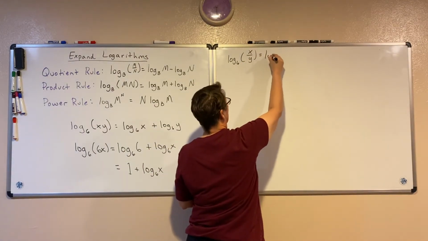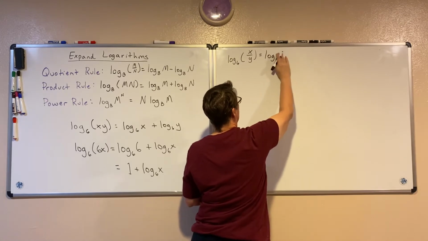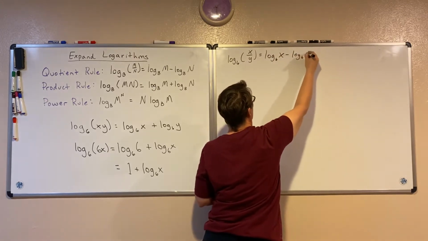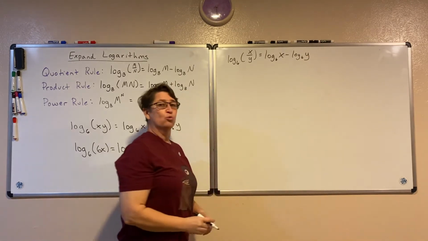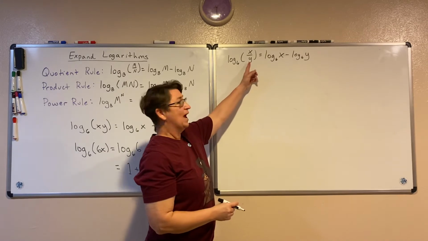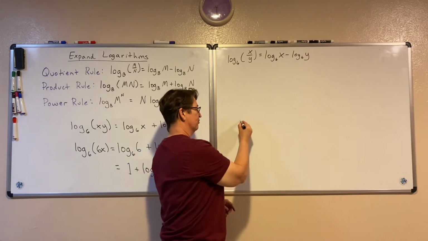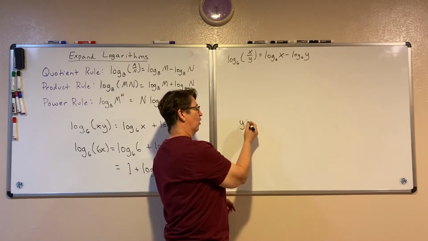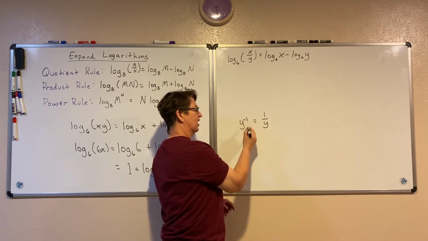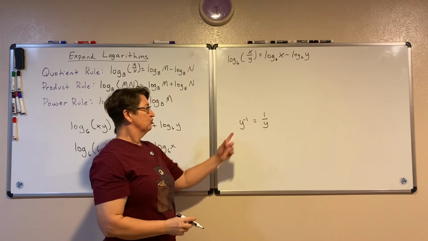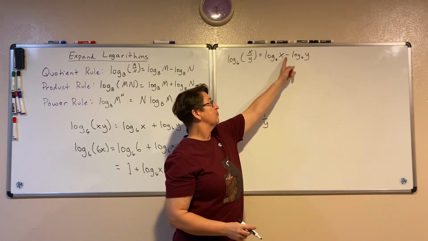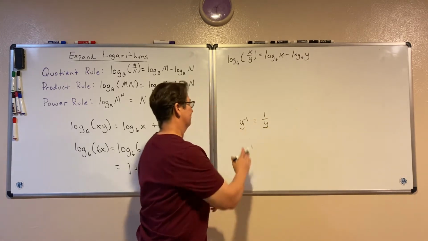I take the log of the top and I subtract the log of the denominator, which makes sense because when I have a y in the denominator, remember, that's equal to a negative exponent. So it makes sense then that we are subtracting so that we end up with a negative exponent.